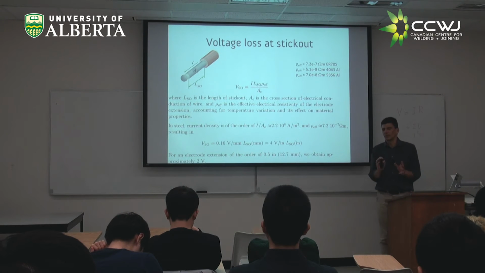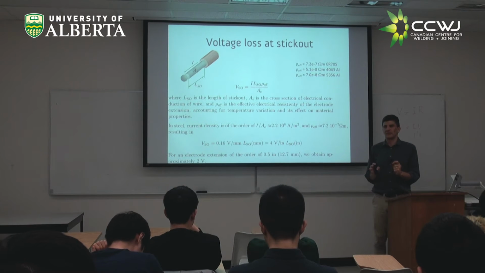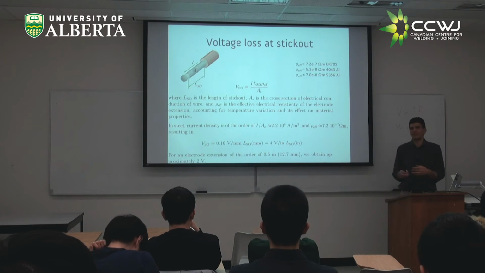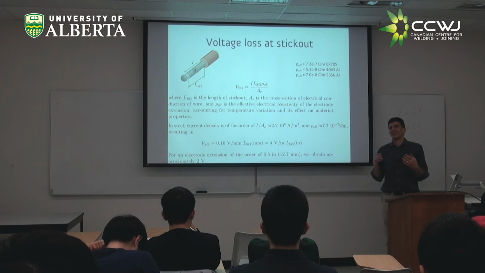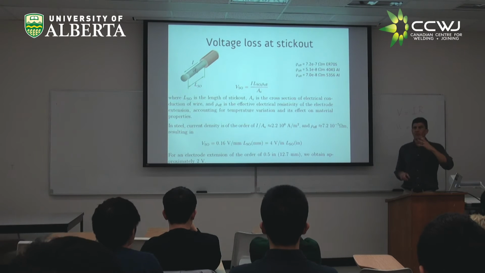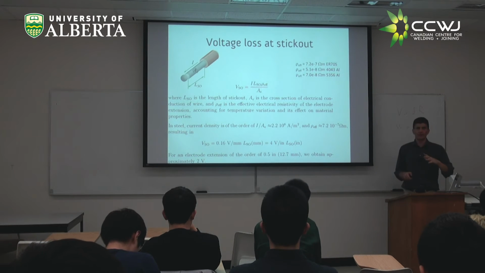So what would be a typical stick out voltage in reality? 2, right? I said it's half an inch stick out. So sure enough, it's more or less 2. Of course, if you change the current, you're going to change these voltages. I'm giving you very ballpark values, but I also gave you the formulas to calculate it properly if you want.